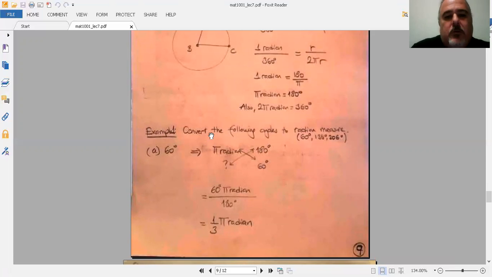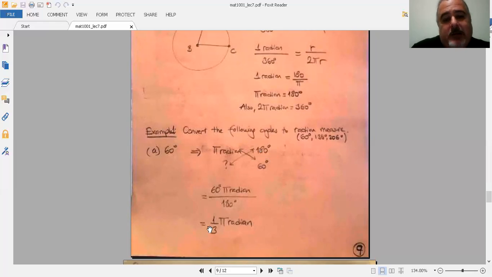In the exercise, convert the following angles to radian measure. There are 3 angles. 60 degrees. We know that pi radian is 180 degrees. So what is 60 degrees?